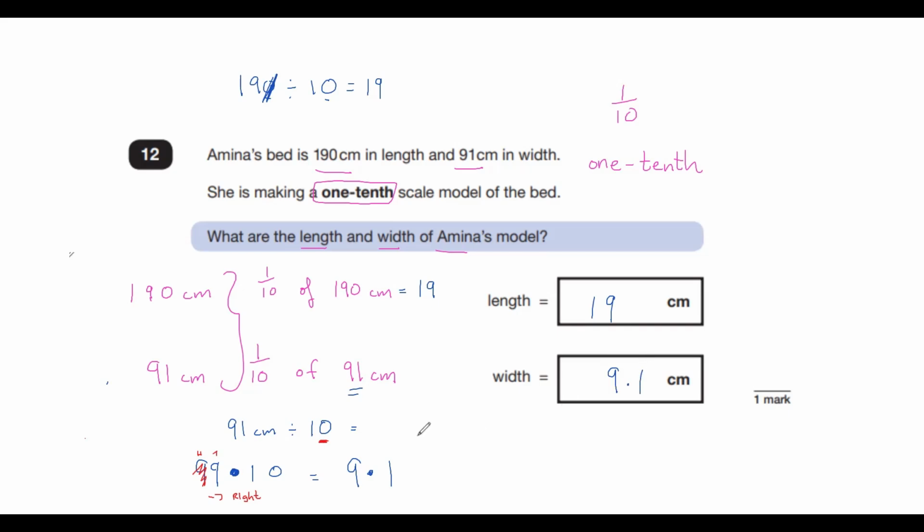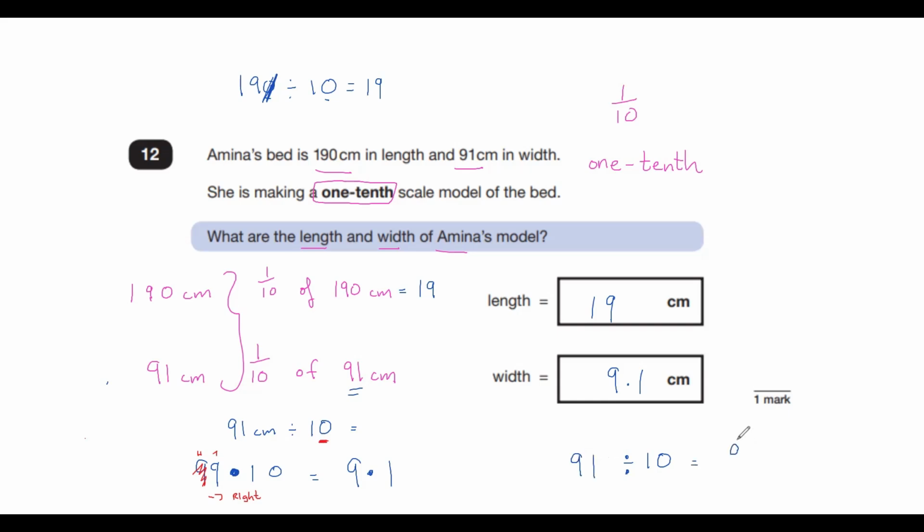9.1. Now, a different way that you could divide by 10 is not the way we're supposed to teach, but it's an easy strategy. So let's have a look. Let's do the last bit again. 91 divided by 10.